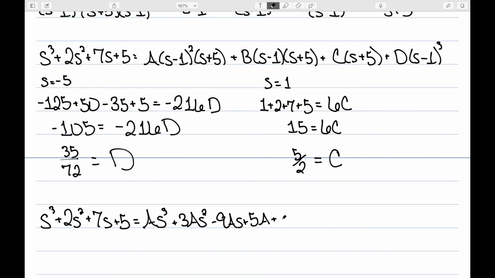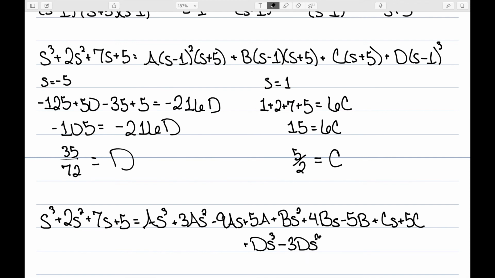The B term becomes B s squared plus 4B minus 4s minus 5B. Plus C s plus 5C. And then my D term becomes D s cubed minus 3D s squared plus 3D s minus D.